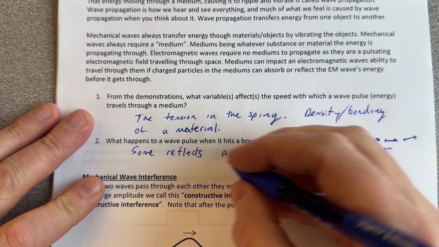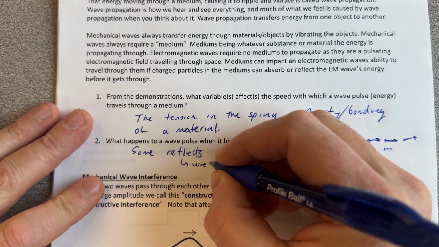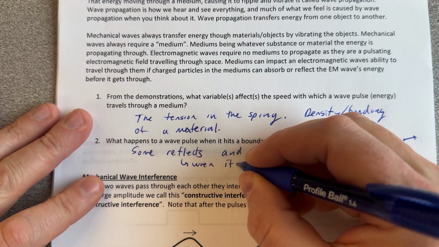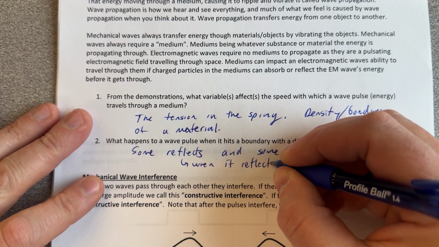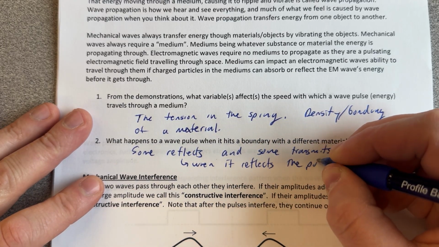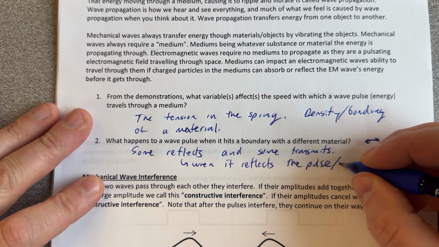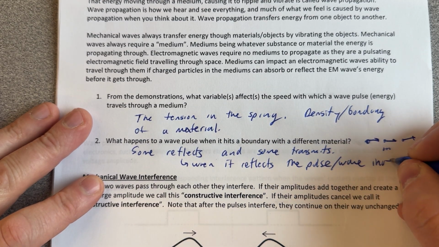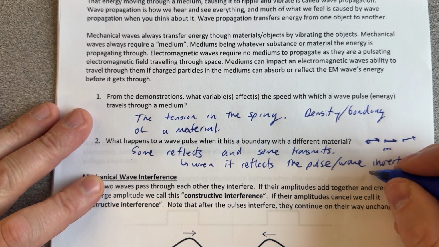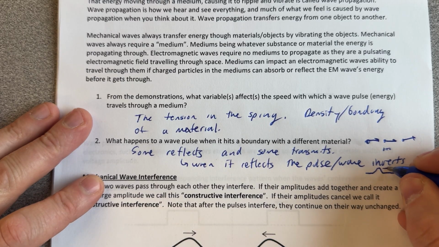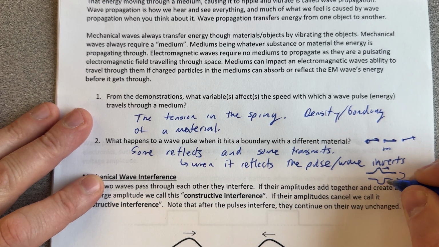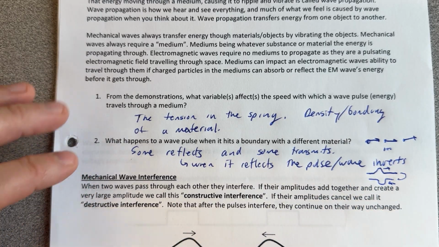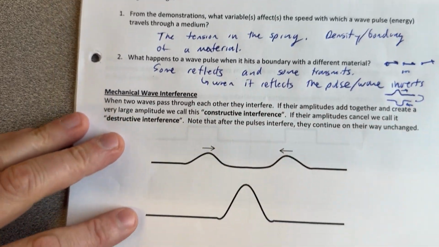But also when it reflects, the pulse or wave inverts, right? So if it comes in as a hump, when it reflects, it leaves as a dip. It turns itself over as it hits.